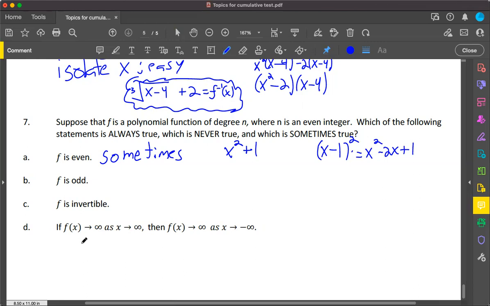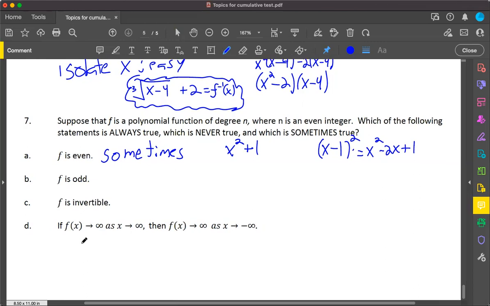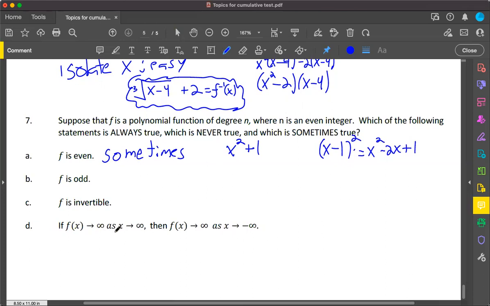If for f of x approaching infinity and x approaching infinity, I hate it when they rewrite these. But so as x is going towards the right, f of x goes to infinity like that. Okay, I can buy into that. And then as x approaches negative infinity, f of x approaches infinity. Okay, so it's saying that that is it.